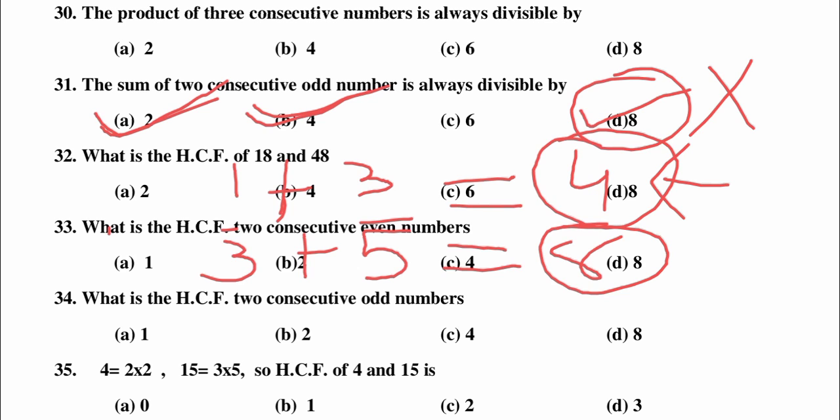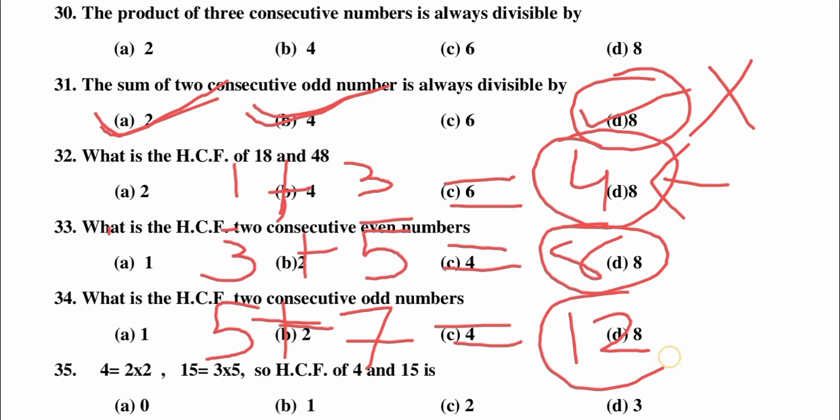Okay, then after that we check 5 and 7 for these consecutive odd numbers. 5 plus 7 is equal to 12, and 12 is divisible by 2 and 4 and 6 also, but this 8 is not divisible by 6, so we skip it.